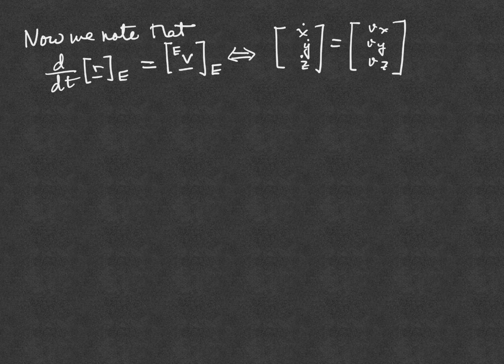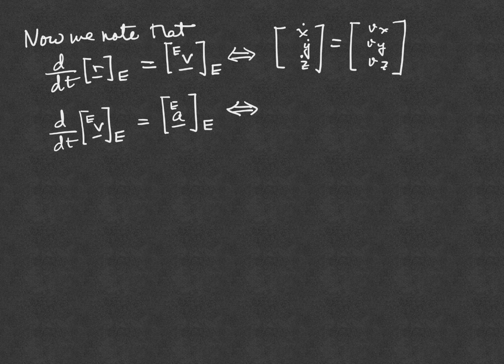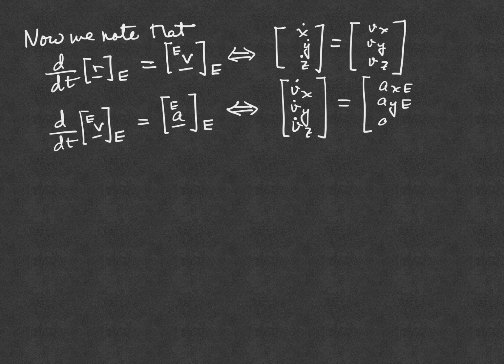The next equation is that the rate of change of the Earth relative velocity expressed in Earth-centered, Earth-fixed coordinates is equal to the Earth relative acceleration expressed in Earth-centered, Earth-fixed coordinates. That's equivalent to saying that Vx dot, Vy dot, Vz dot is just equal to Axe, Aye, and Aze.